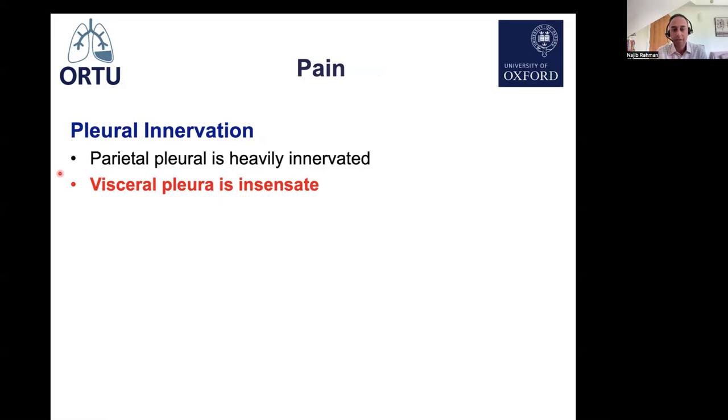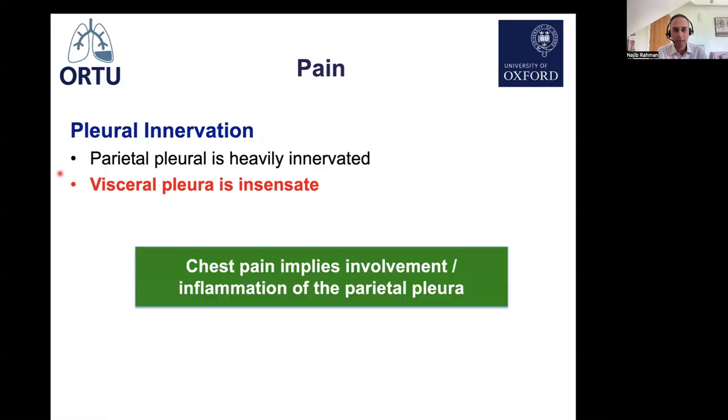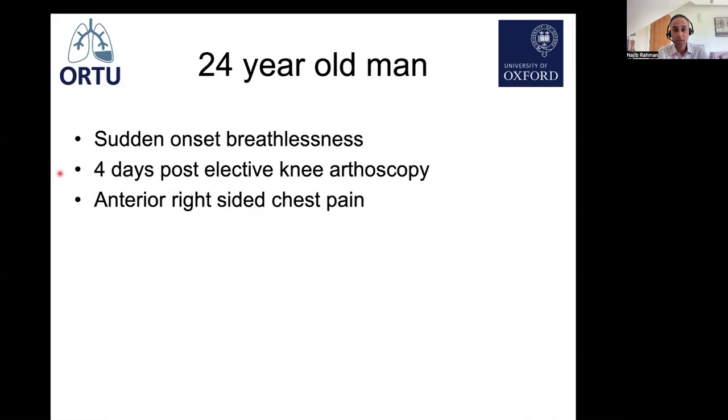And the parietal pleura is incredibly heavily innervated and associated with significant pain if it is manipulated or if there is inflammation in that area. Now, why is that important? Because if you have a patient who presents with chest pain, you know without doing any further interventions or scans that there must be involvement of the parietal pleura, and this could become really important in your clinical practice.